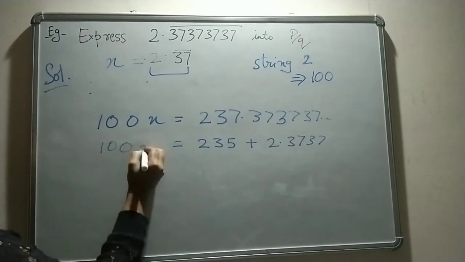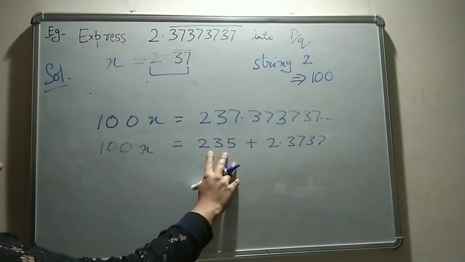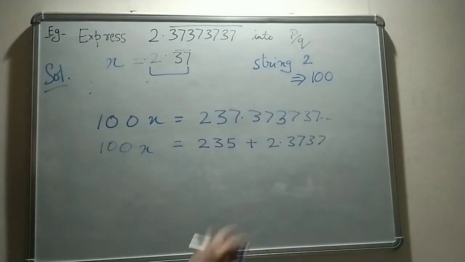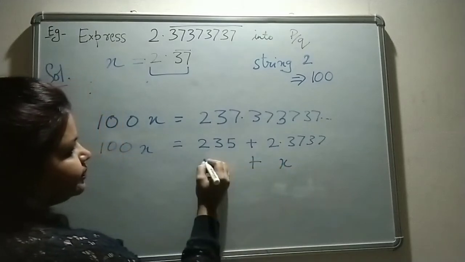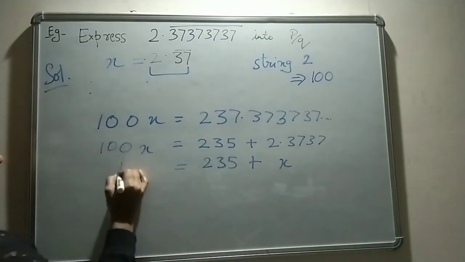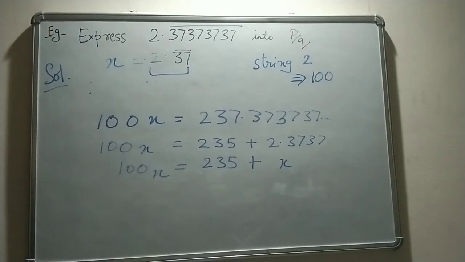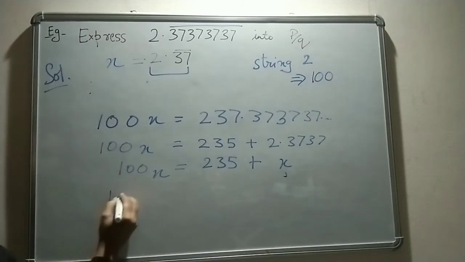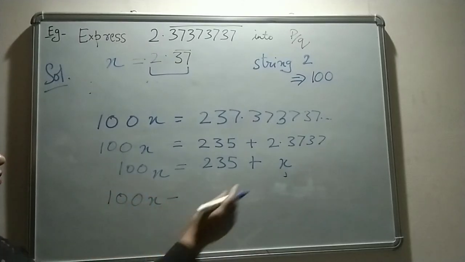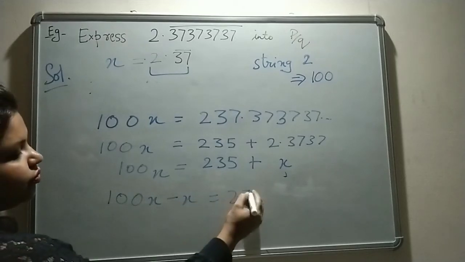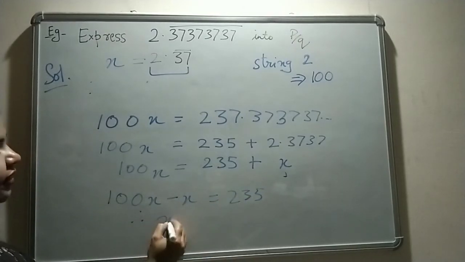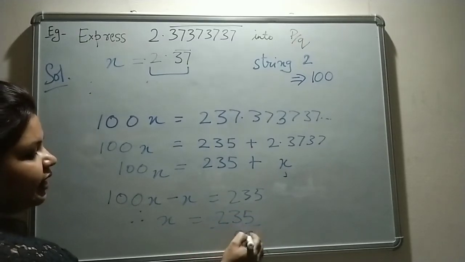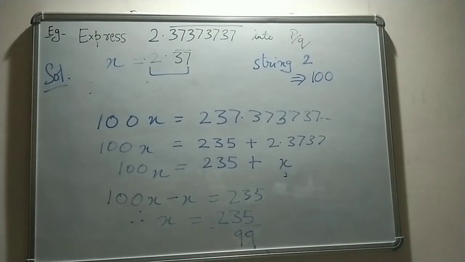So 100x equals 235 plus x. Taking x to the other side, 99x equals 235. Therefore x equals 235 upon 99. This is our answer.